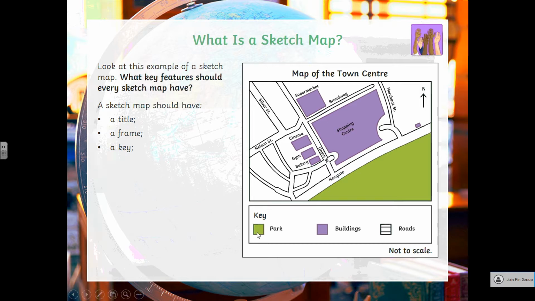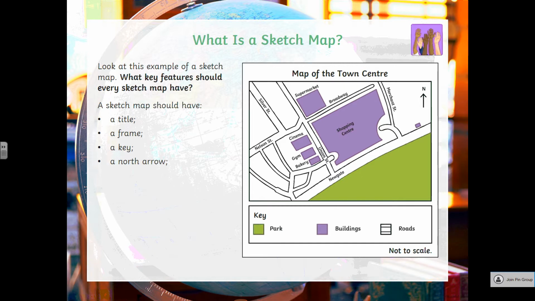This is a picture of the symbols which we will see on the map, and it tells us what they mean. So this green one, we can see it's next to the word park. The green bit means park. The purple bits mean buildings, and the black and white bits mean roads. And we have that underneath our map so that we can figure those things out.